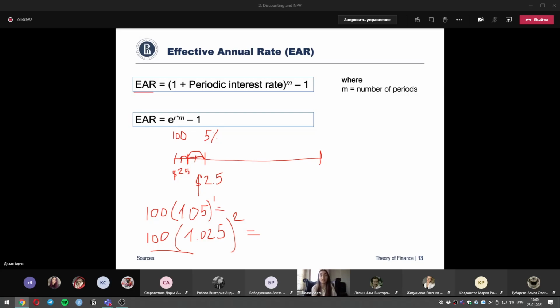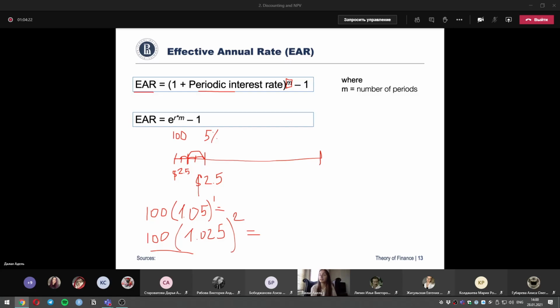And this way we calculate the effective annual rate, which uses our periodic interest rate, so our 2.5% over here. So it is 1 plus the rate divided by the number of periods, to the power of the number of periods, minus 1. Here it was 2 periods.